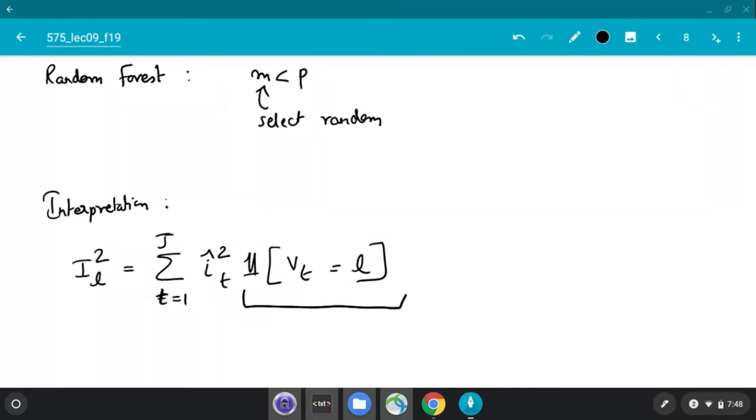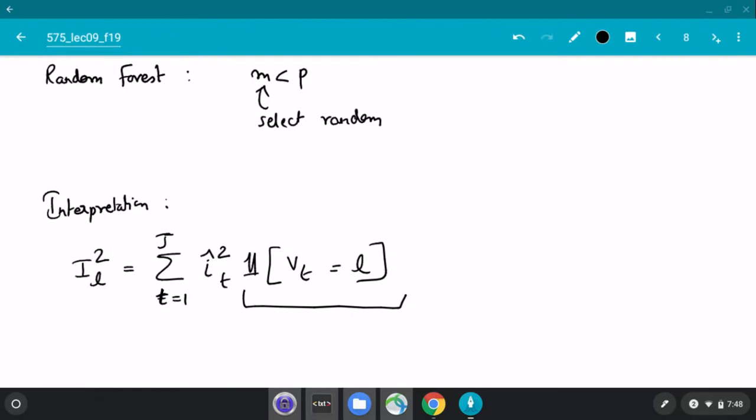Again, this looks like a messy formula, but all it's saying is, we have a tree. Let's say we have a single tree for simplicity. I'll extend this to multiple trees, which is the random forest, soon. The tree will have capital J internal nodes.